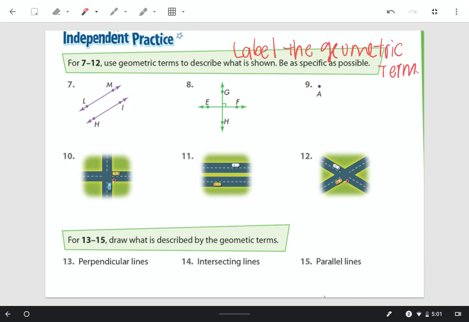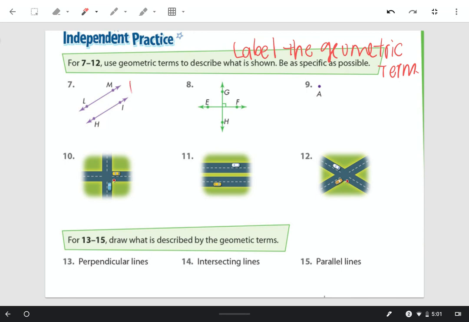So on number 7, we have line LM and line HI. Well, first of all, what types of lines are these? If I extend these out forever and ever and ever in both directions, are they ever going to cross each other? The answer is no, they are never going to cross paths.